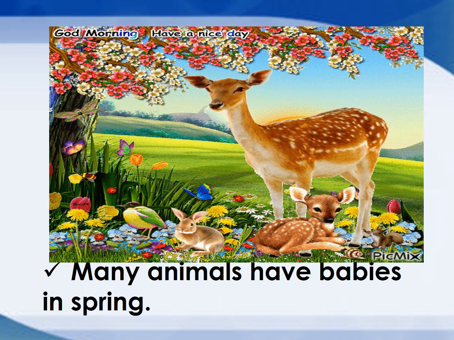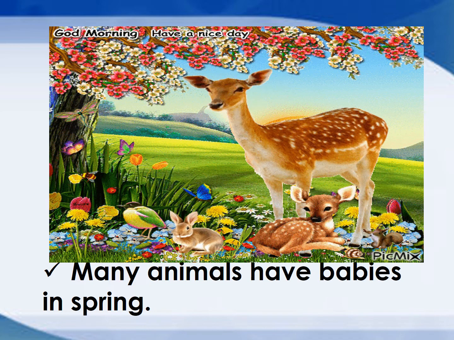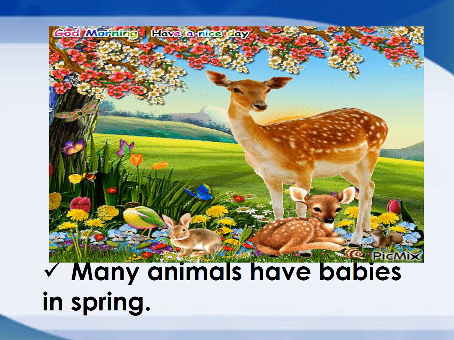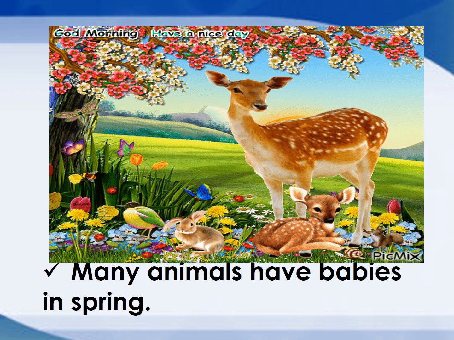Again, during the spring season, many animals have their babies. They give birth. So these animals include the birds, the mammals, your amphibians, your reptiles, your insects. These animals would give birth or have babies in spring.